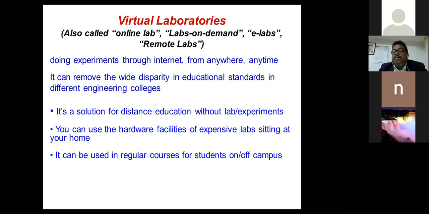That will remove the disparity if it is possible to establish virtual labs. Some of the IITs have established virtual labs, available on the website. It is a solution for distance education without lab and experiments. All this distance education, even Coursera and MOOC courses, most of this education is happening without any lab and experiments.